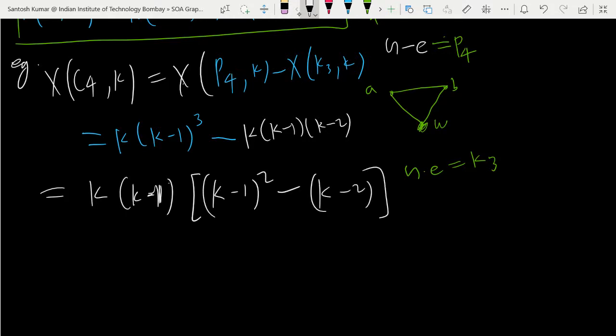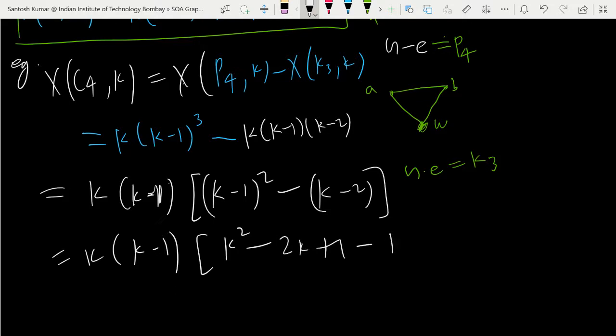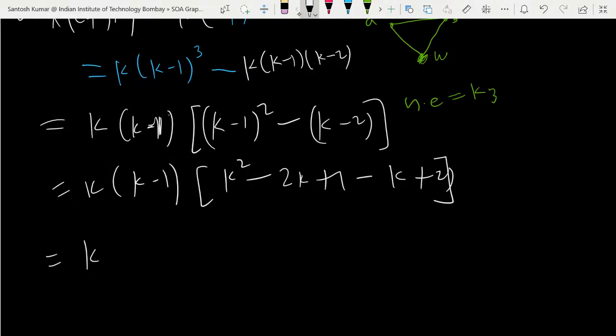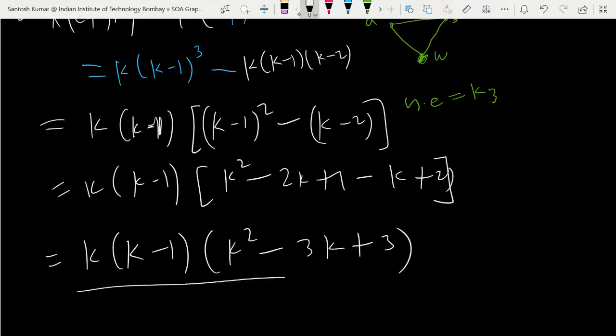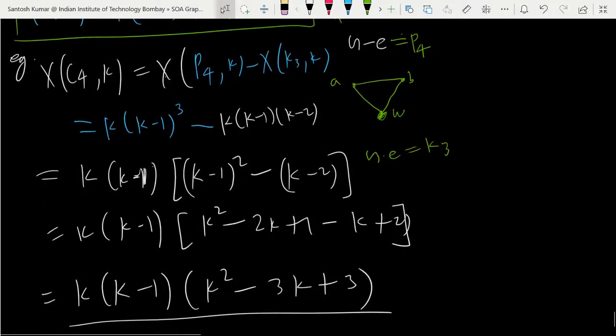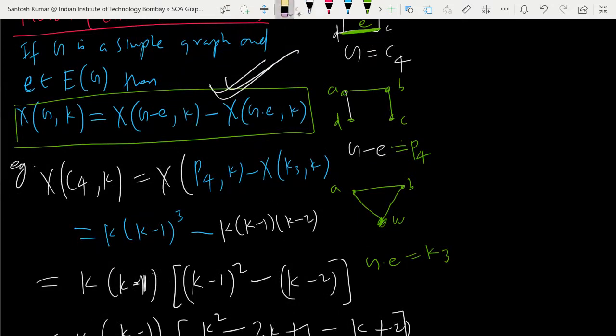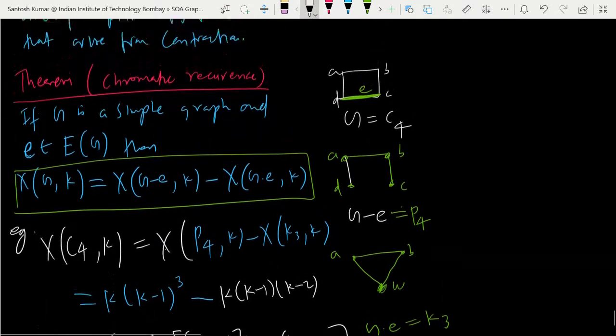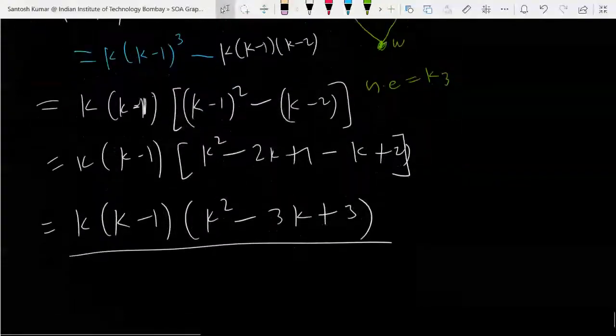Opening, K square minus 2K plus 1 minus K plus 2, giving K into K minus 1 into K square minus 3K plus 3. This is the same formula. So if in the exam they ask you to find the chromatic polynomial for C4, you can use this way. Write this relation and then use it.